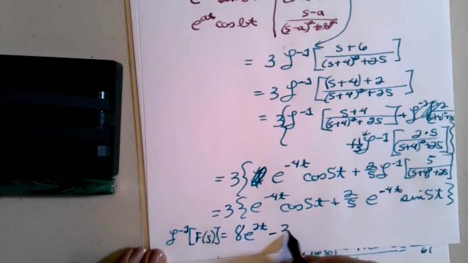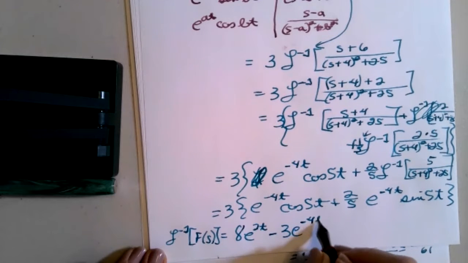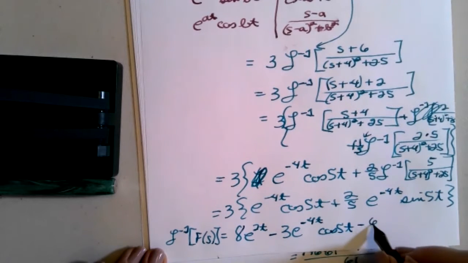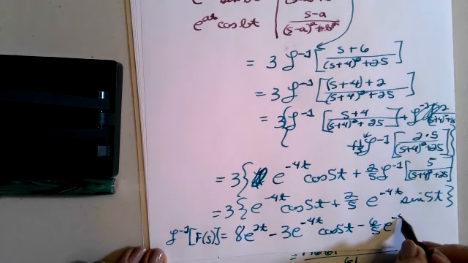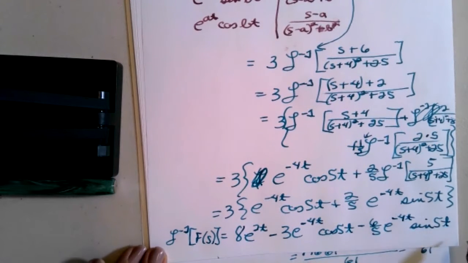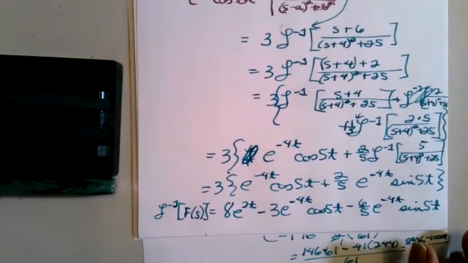So this is -3 e to the -4t cosine 5t minus 6/5 e to the -4t sine 5t. So in principle, it's real easy. You got the chart. In practice, that's not so easy, right? There's a lot of calculations in between, a lot of algebra steps you have to remember and get correctly, or you go way off in the wrong direction.